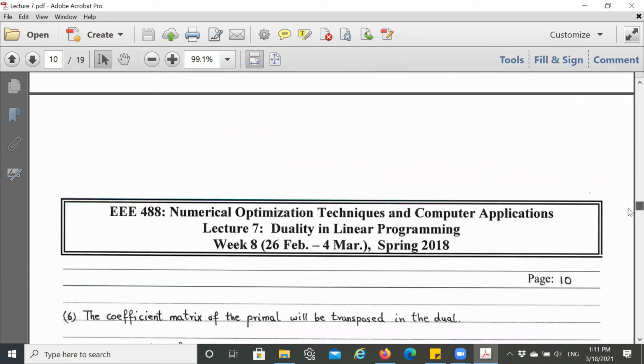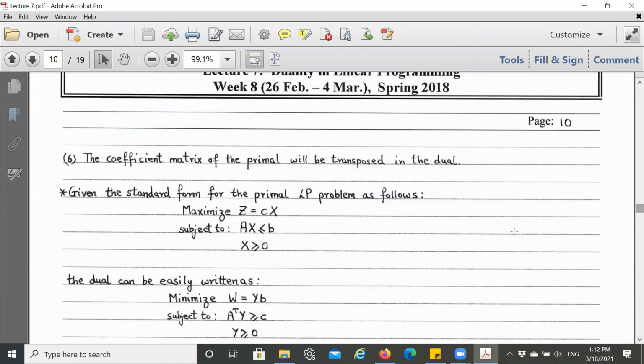Professor, I have a question. It's very interesting to have a dual form, but how does it help us? If you have a problem with n decision variables, where n is very large, and you have fewer constraints, say 2 or 3, we can interchange them and make fewer variables.